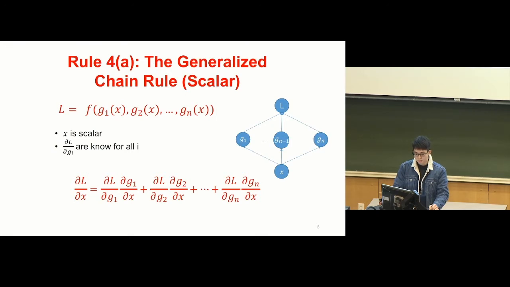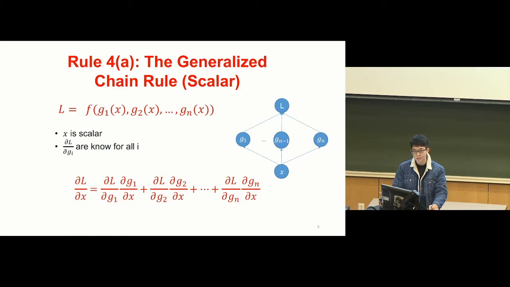Next one is the generalized form of the chain rule. Here, L is a function f of g_i(x), and we assume all the partial derivatives of L to g_i are known. So here, the partial derivative of L to x is the summation of the partial derivative of L to g_i times the partial derivative of g_i to x.